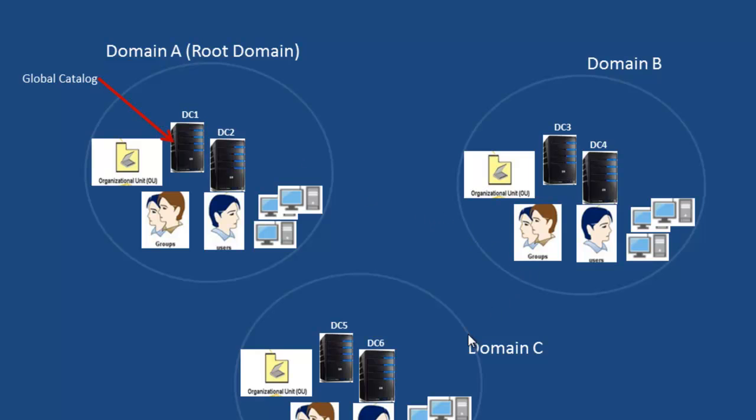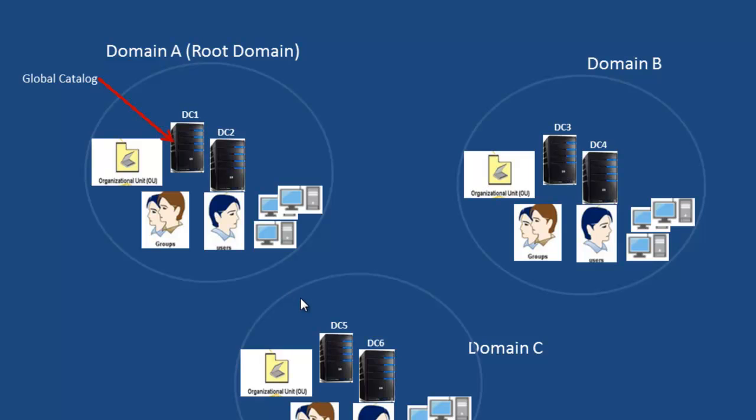You create a user in domain C. The user has attributes. Attributes would be the last name, the first name, the email address, that type of thing. All of that gets stored directly to the server that is the global catalog server.